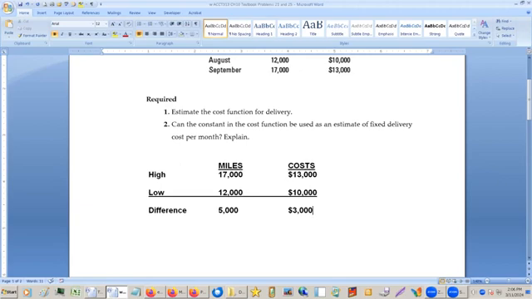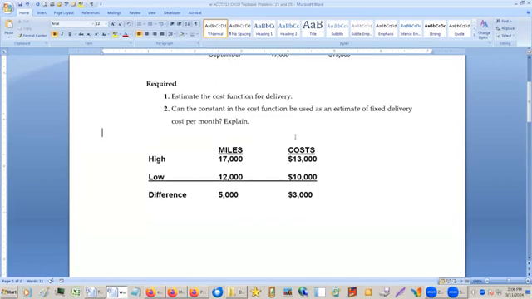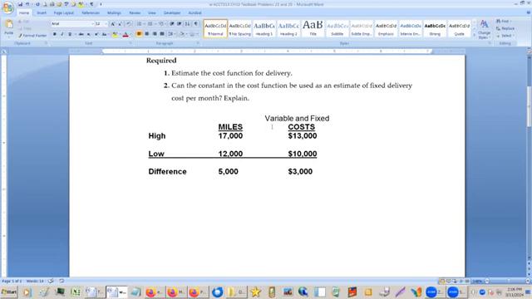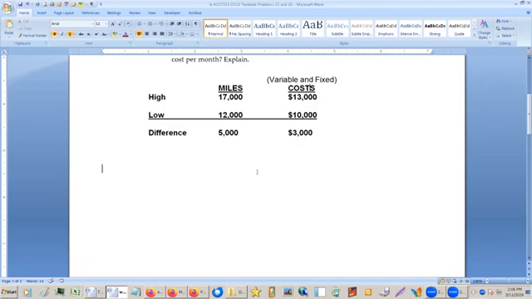That $3,000 increase, is that due to variable or fixed costs? This cost here has both variable and fixed. Now, if there's a change in this total cost, is it because of variable or fixed costs?